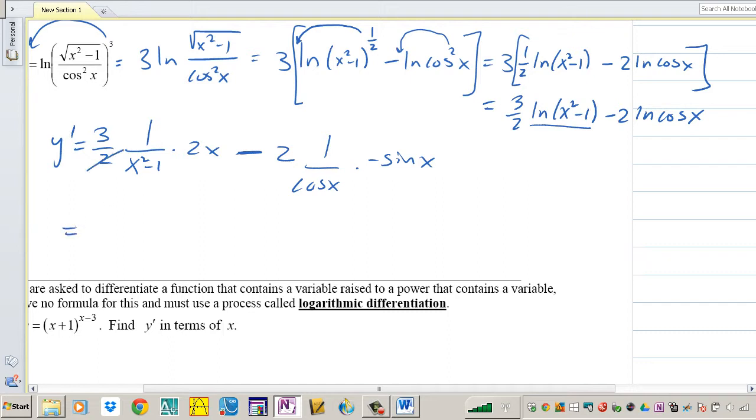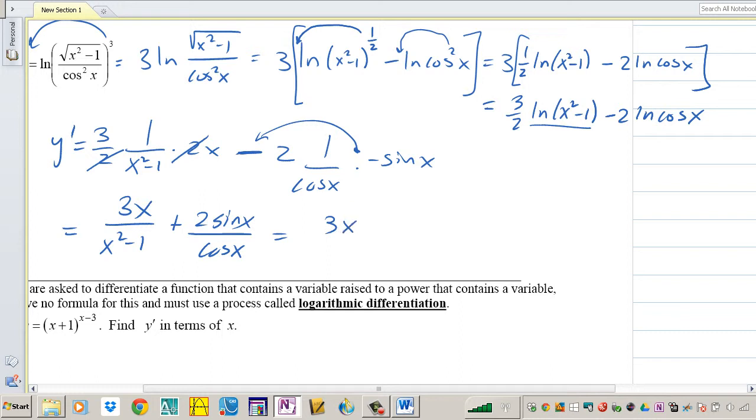So it's going to be 2's cancel, 3x over x squared minus 1 minus, well, a double minus will give me a positive 2 sine x over cosine x, and I can rewrite that one more time. Not plus, minus, plus 2 tangent x. And that's pretty much all as far as I will go.